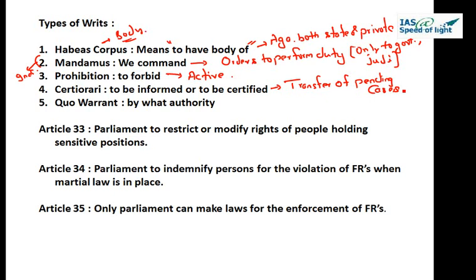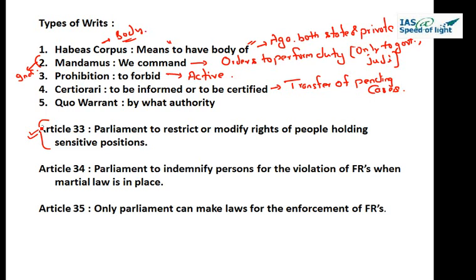Fourth, persons employed in or in connection with the telecommunication system set up for the purposes of any force, bureau, or organizations referred to in clauses A to C. Rights may be restricted or abrogated so as to ensure the proper discharge of their duties and the maintenance of discipline among them. So Parliament has the power by law to restrict or modify the rights of people holding sensitive positions. This is Article number 33.